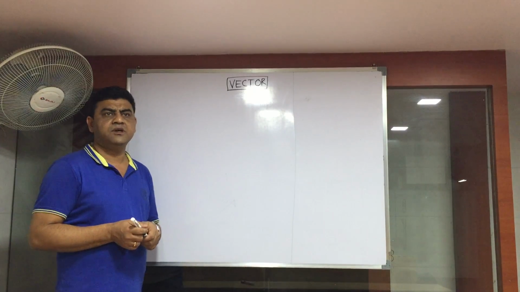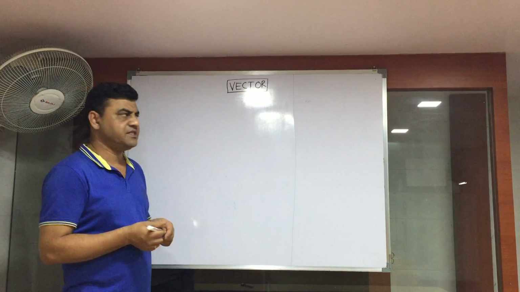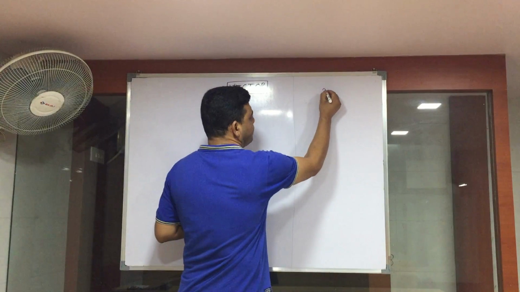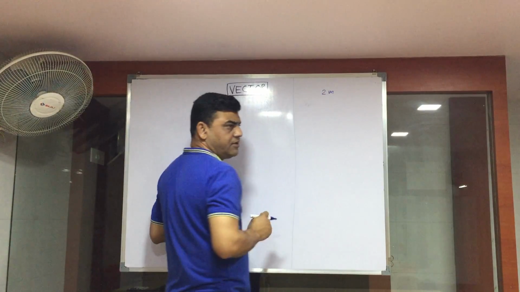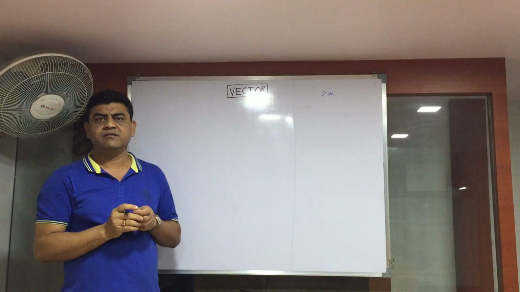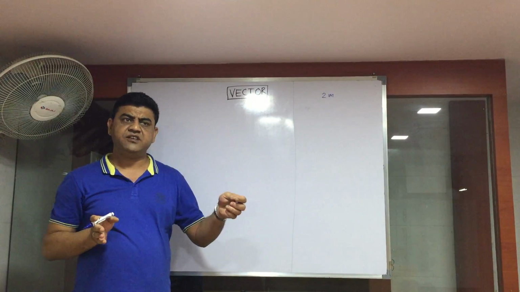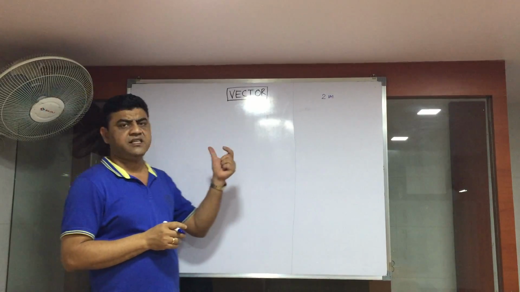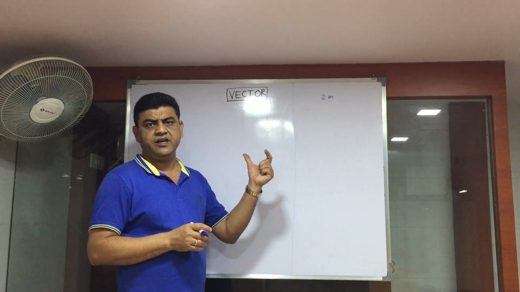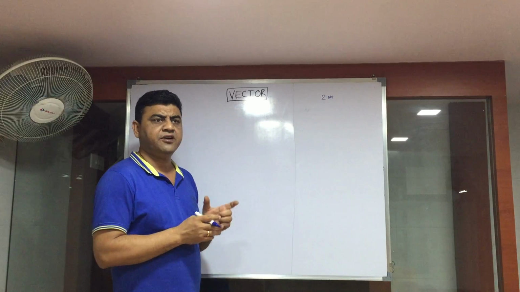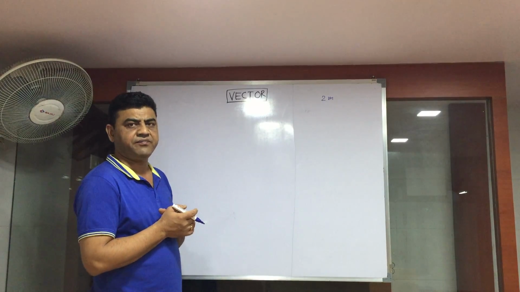Like if we talk of the length of an object, we say it is 2 meters. What does that mean? It means an object which is 2 meters long. So just that number 2 with a unit is sufficient to define that quantity.